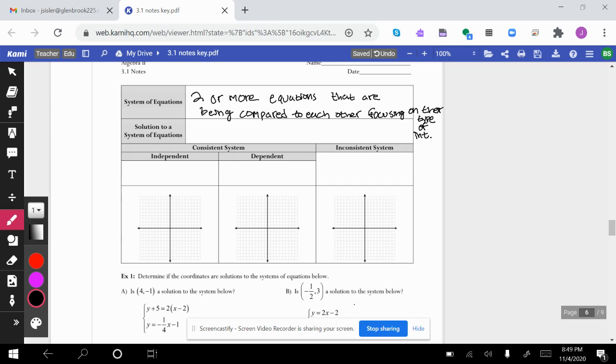So a solution to a system of equations is just the ordered pair or pairs that the equations share.